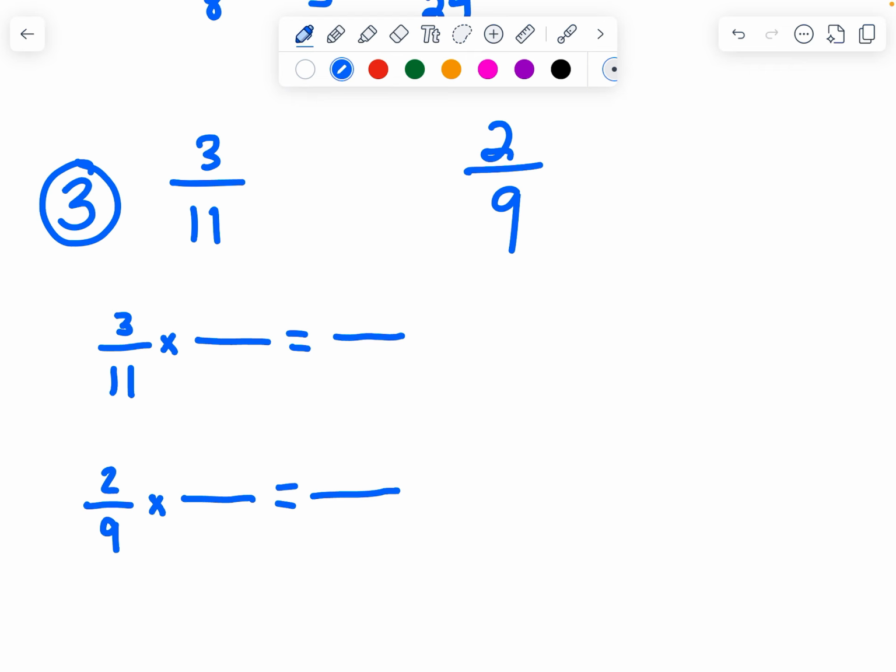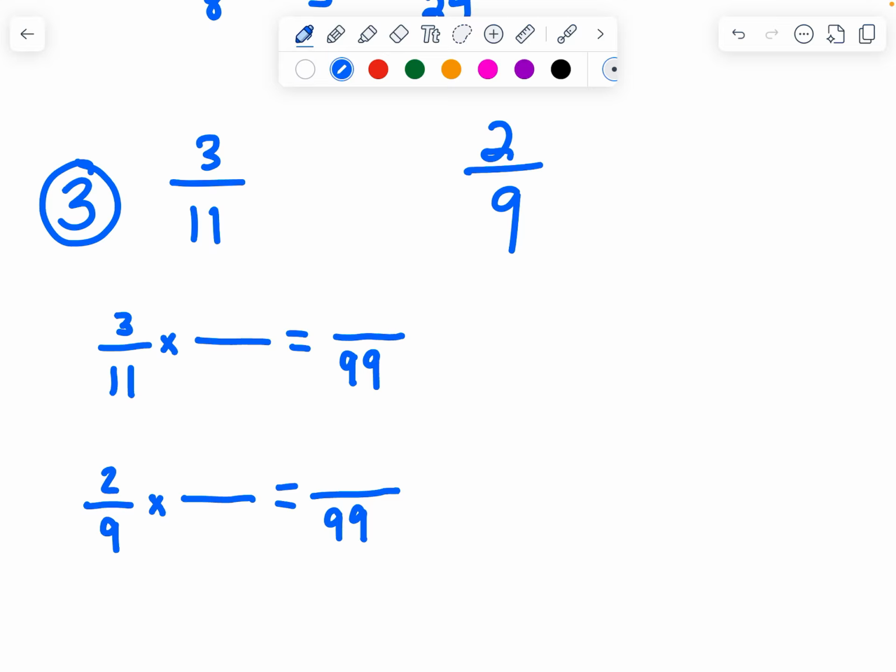If I think of all my 9s and 11s facts, what should be the first one that comes the same for them? 11, 22, 33, 44, 55, 66, 77, 88, 99 seems to me to be the closest one. And same with 9: 9, 18, 27, 36, 45, 54, 63, 72, 81, 90, 99. So they both can go towards 99ths. We can find an equivalent fraction of 99ths.